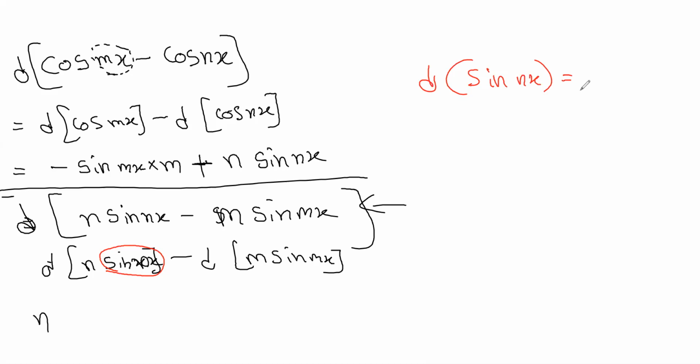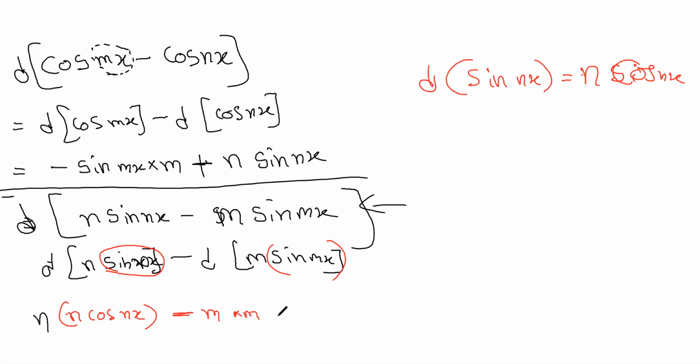Differentiation of sine nx, so cos nx into 1, no, into n. So it becomes n cos nx, so into n cos nx. Minus. Now m is constant, we have taken it out. Now differentiation of sine mx is m cos mx.